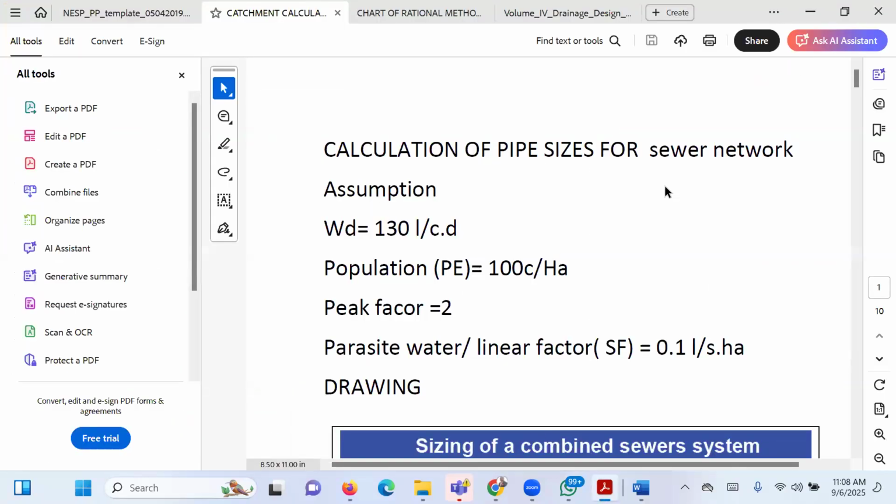Okay, so this is it. So to calculate our sewer network, we make assumptions.